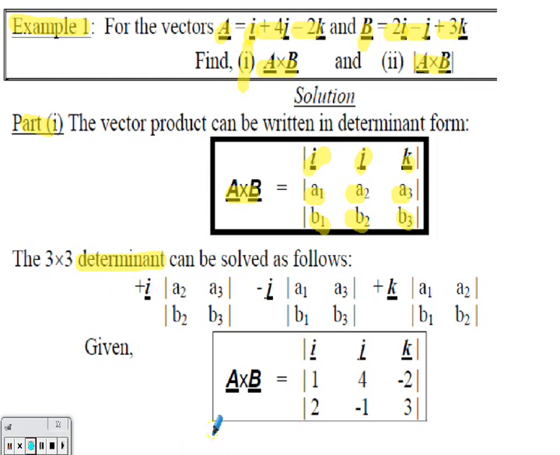In this example we've got A cross B, where the A1i is 1, the A2j is 4, and the A3k is minus 2. We get that from the question. And then for vector B, the B1i is 2, the B2j is minus 1, and the B3k is plus 3. Again, we get that from the information in the question.